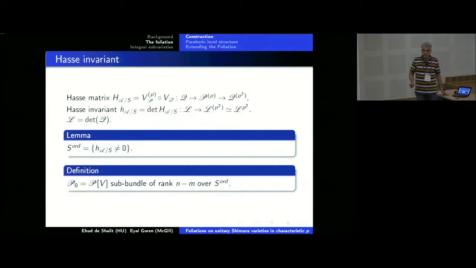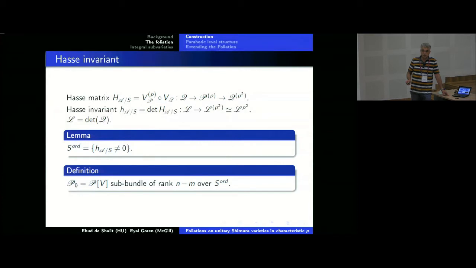However, the key observation is the following. Of course, if the Hasse invariant doesn't vanish, this has rank m, this has rank n, which is bigger than m, and this again has rank m, then this has to be injective and this has to be surjective.